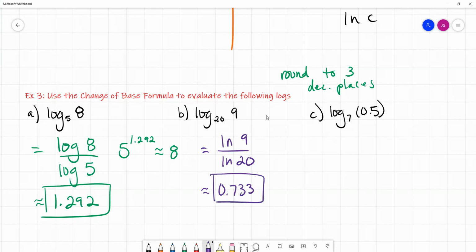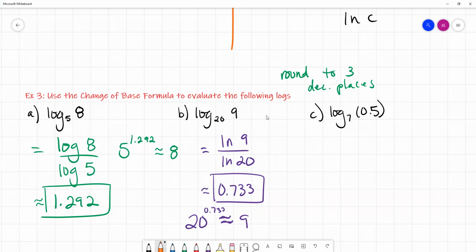Again, we found the answer to the question: 20 to what power gives me 9? Well, that happens to be the 0.733 power, approximately. I'm not showing you how it's done in Desmos or anything like that, so if you're not sure how to put it in your calculator, make sure you ask in class.